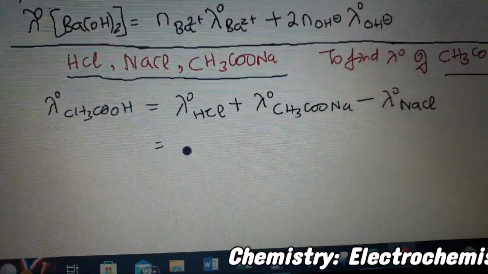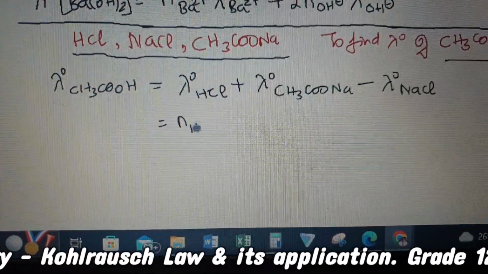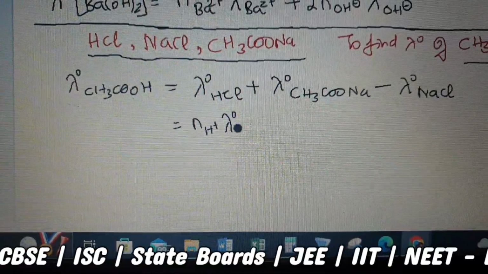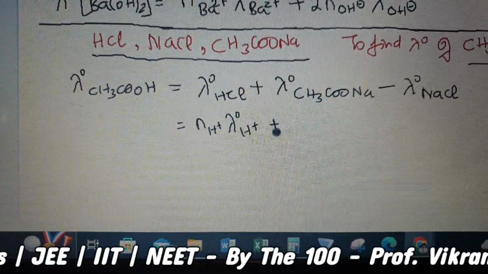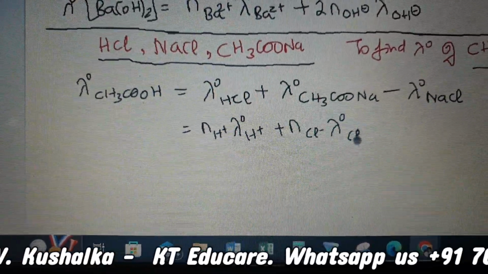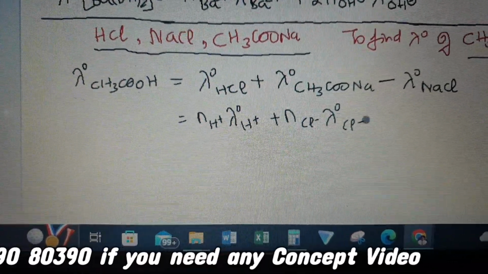When we look closely, so it is going to be N of H positive, correct, into lambda naught of H positive plus N of Cl negative into lambda naught of Cl negative, that is for molar conductivity of HCl.